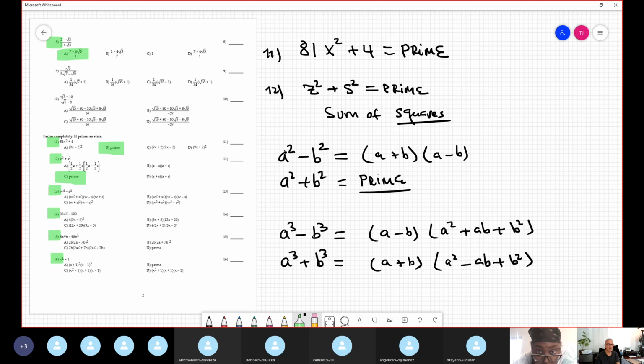However, number 13 is a difference. Let's do it: the difference of cubes.